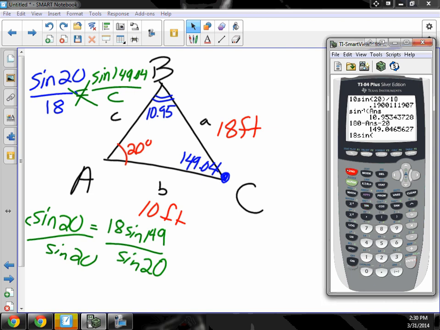Sine of the answer divided by the sine of 20. So little c is 27.06. Everybody get that? Any questions? Okay.